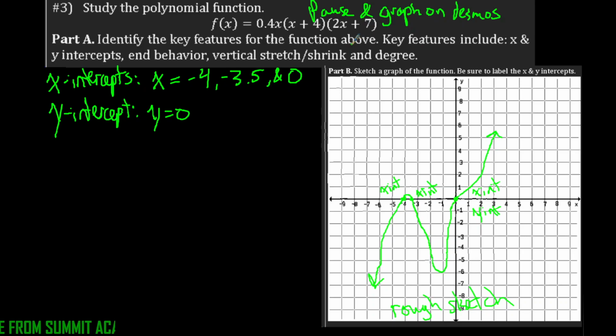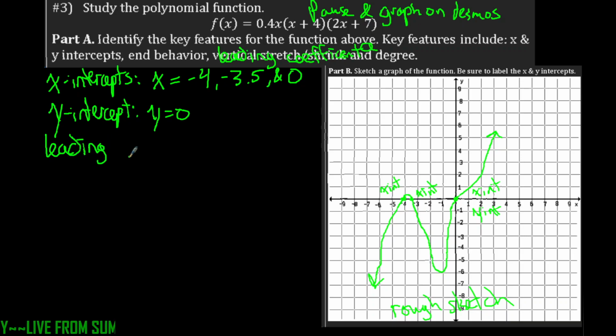All right, what else do we need? We have key features include x and y-intercepts, end behavior, which we need the leading coefficient. So again, anytime you see that vertical stretch or shrink, just think leading coefficient, which is a. And then we also need the degree. So we're going to say, let's say, leading coefficient.